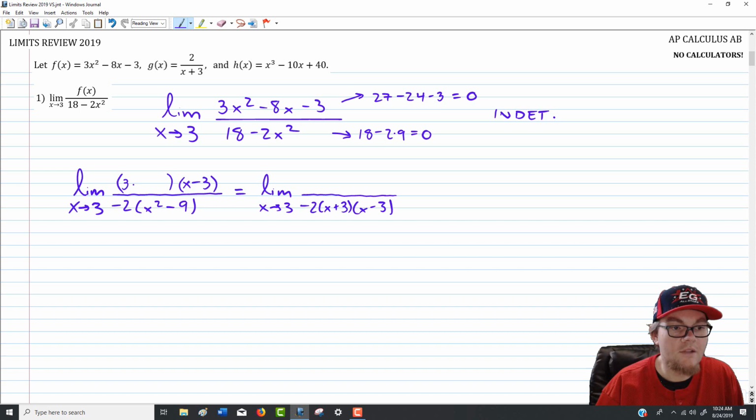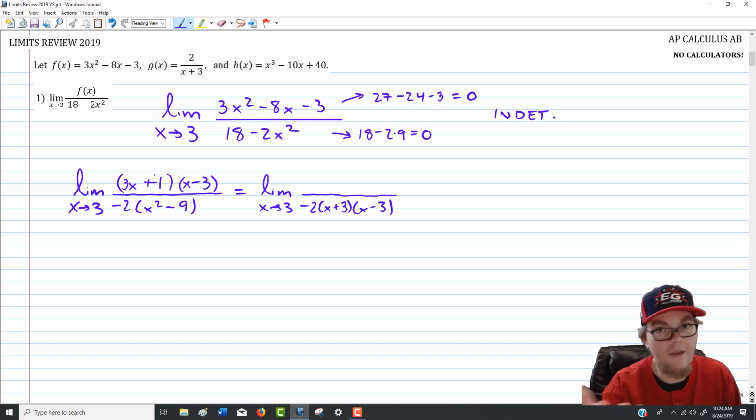The first term has to be 3x squared, so if we're multiplying it times x, 3x is our first term in there. And our constant has to be negative 3, because negative 3 times negative 3 gives us a positive 1 at the end. If you've seen me do these problems really fast, other than L'Hopital's rule, this is one fast way I can do it, and it's a fast way you can do it too.